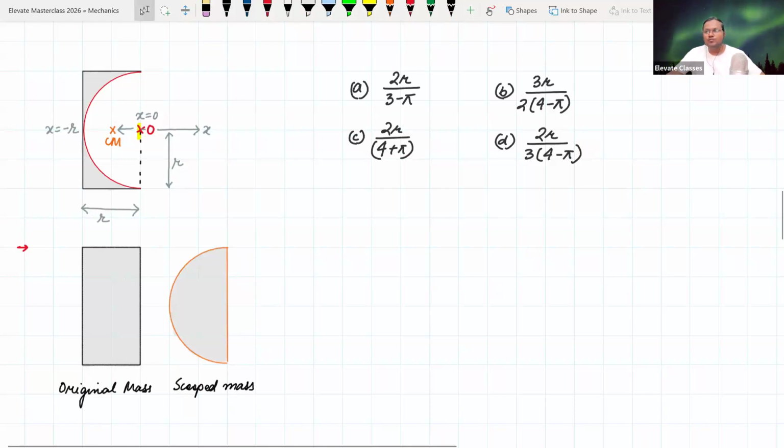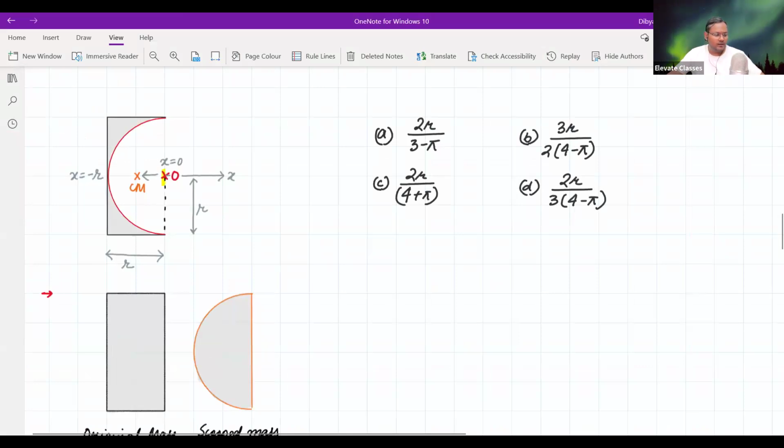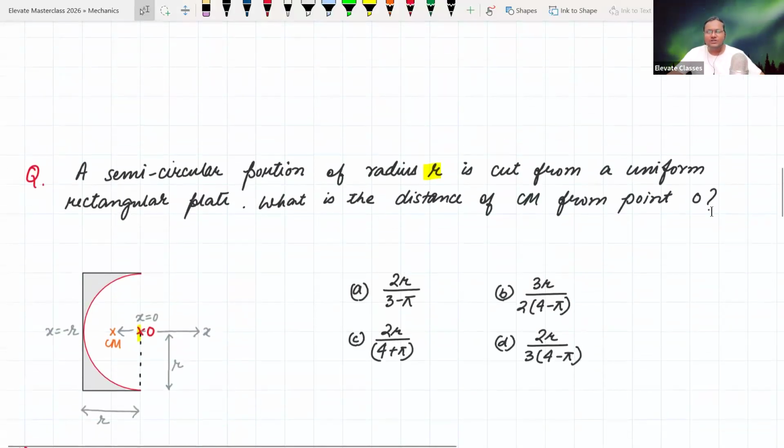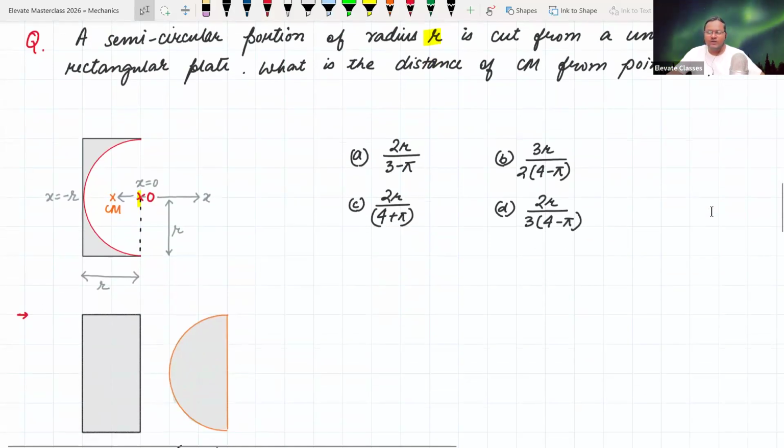Tell me the original mass and the scooped mass. Anybody? Bamdev, your answer is correct. Good. Very simple question. Two simple diagrams of a rectangular plate and a semicircle.